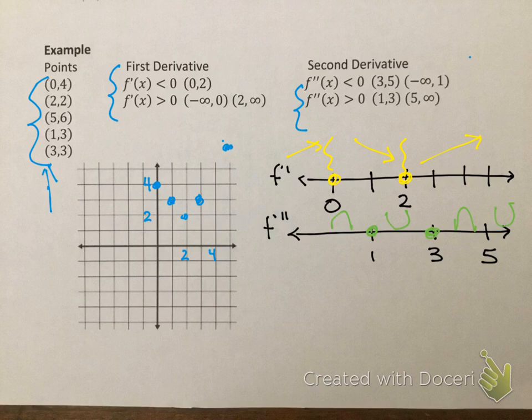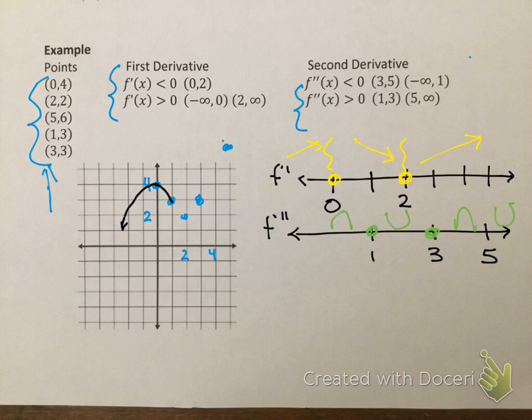We are increasing until we get to 0, and at that time we are concave down. I'm still concave down until I get to 1, but now I'm decreasing.